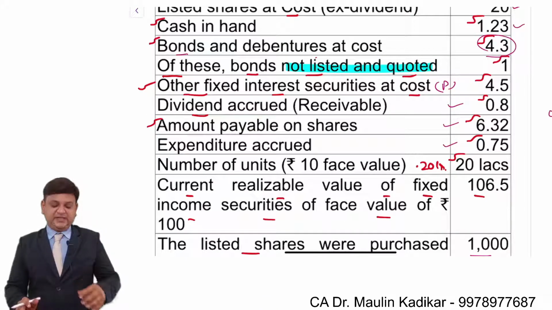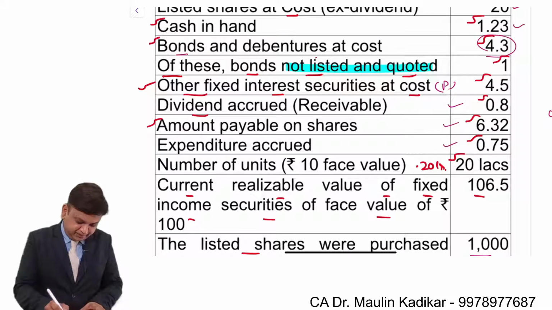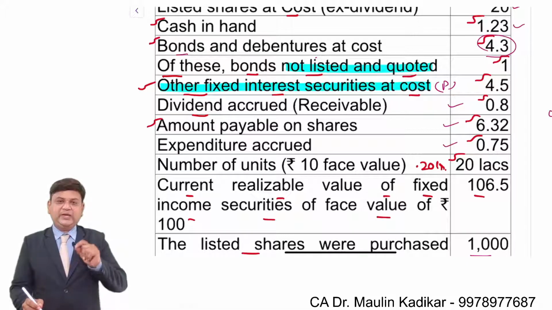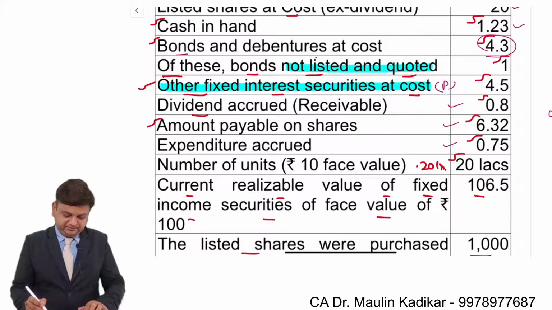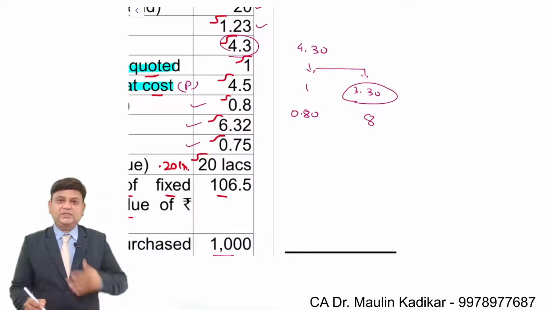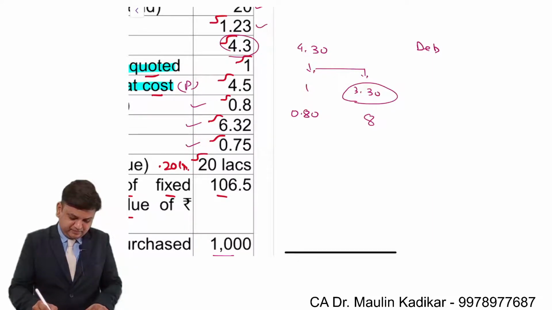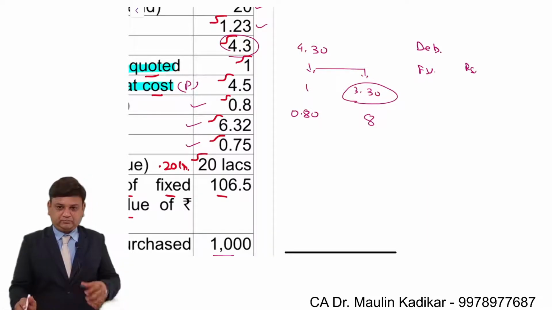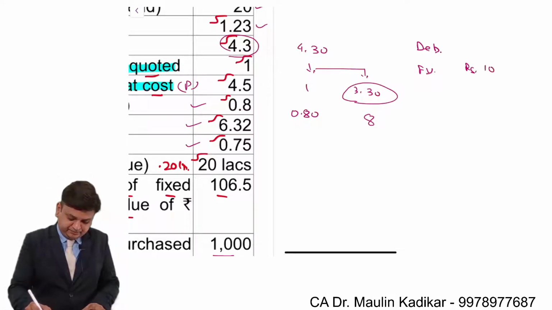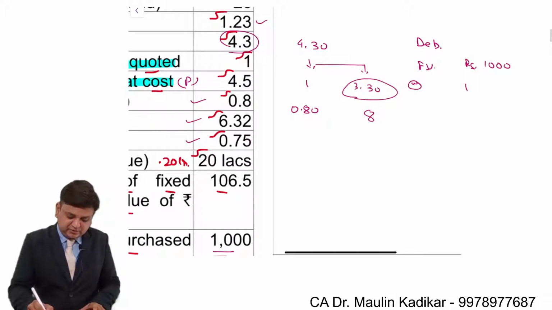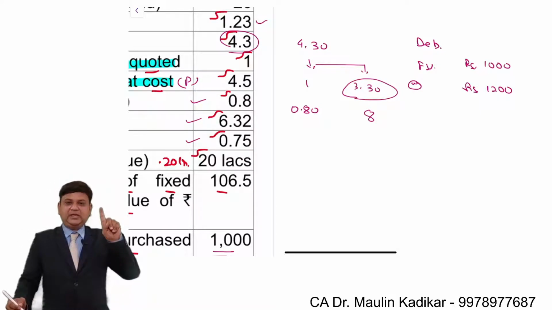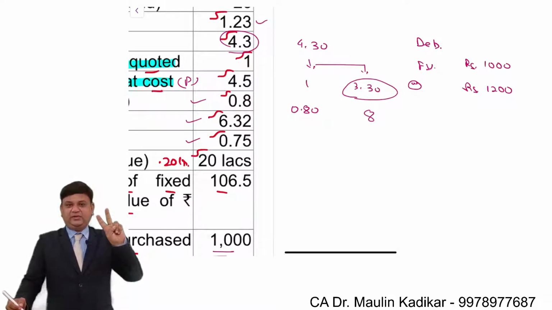Now let us understand how we are required to mention the other fixed interest securities. To explain that, I am taking a small example. Suppose a mutual fund is purchasing a debenture having face value of rupees 1000 at the rate of rupees 1200. Debenture having face value of 1000 is purchased at 1200.